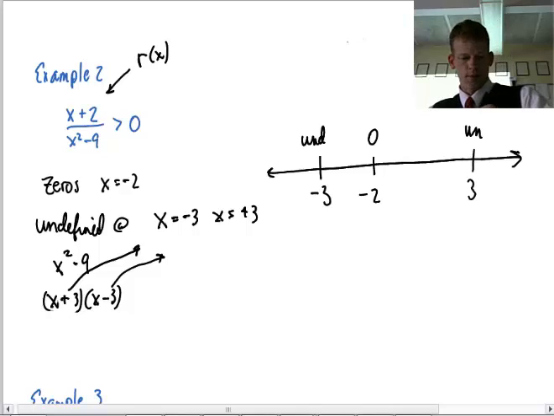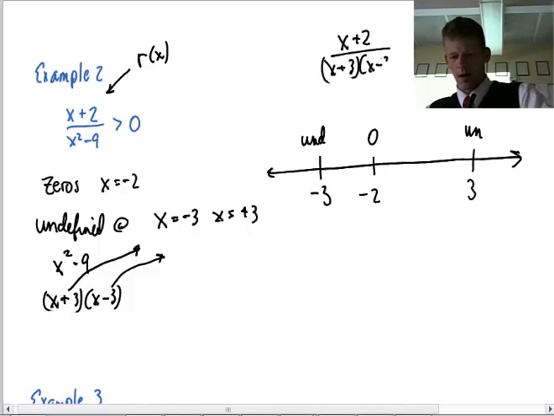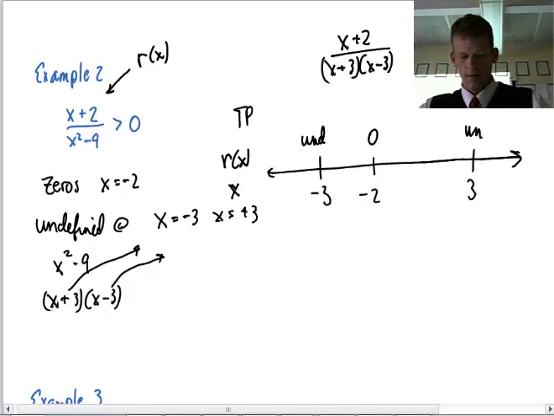I'm just going to put the x plus 2 over x plus 3, x minus 3, just so I can keep track of that. As far as my test points and my function, this will be r of x, and down here this will be just the x values, just so I can keep track of things.